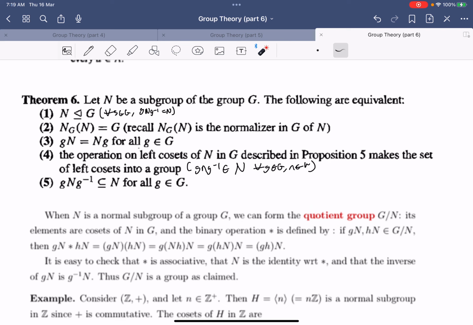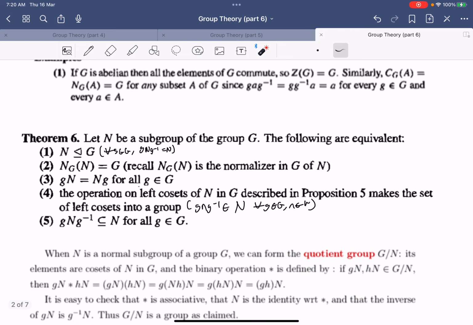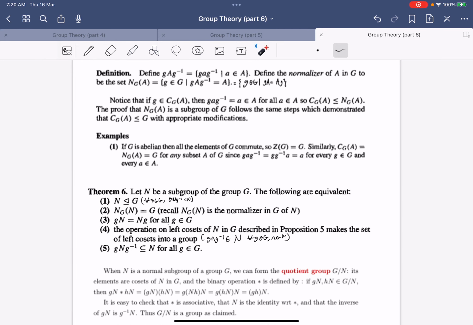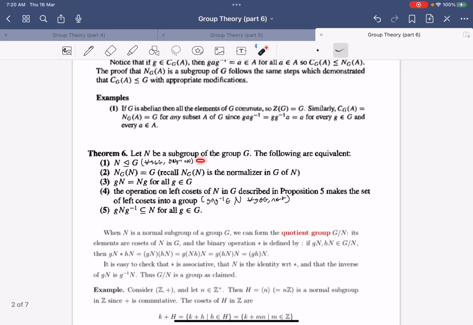Now we know that if the normalizer of N equals G, it means that this criterion equals G, but this criterion is just the criterion of gA equals Ag. And this means that for all g, gN equals Ng. So you are done. So you've proven 1 implies 2 and 2 implies 3.